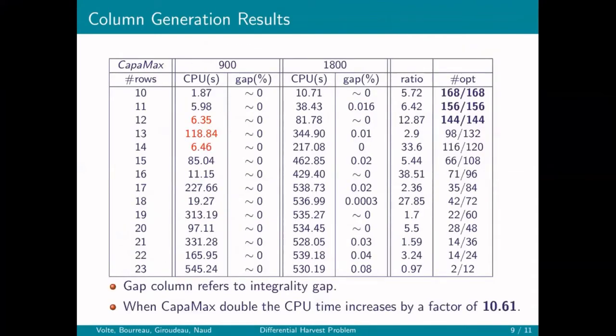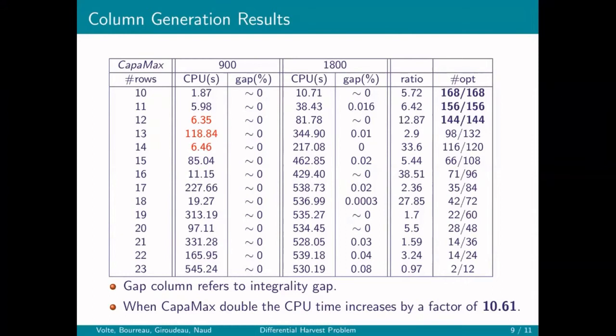So here we want to see the impact of the kappa max parameter. This is also for the real instances. We are able to solve all the instances between 10 rows and 12 rows, but after 30 rows, we are not able to solve optimally all the instances. And we can see that there is a variation between even numbers of rows and odd numbers of rows.